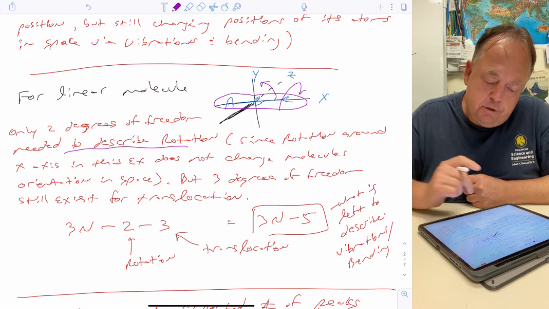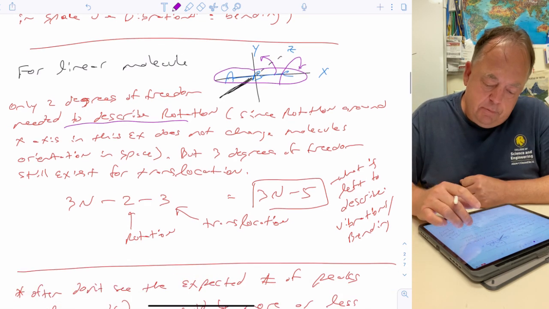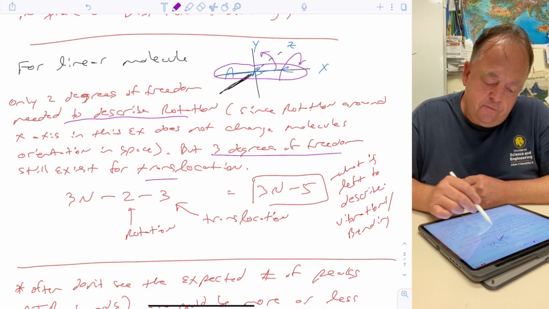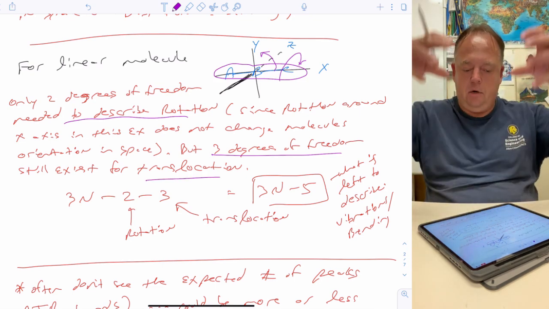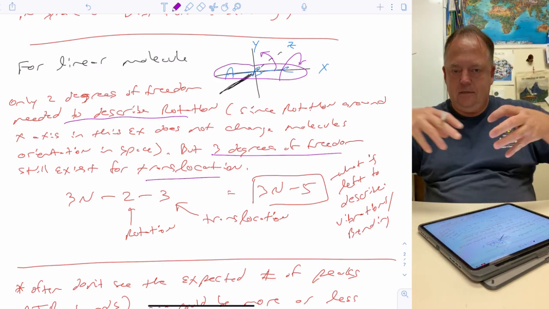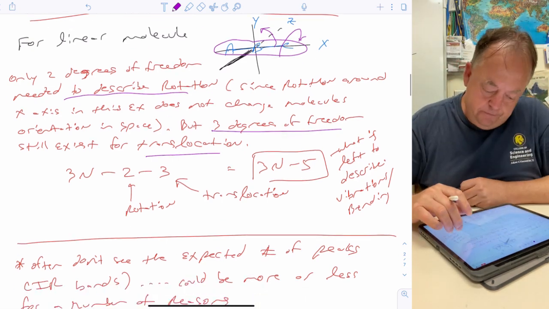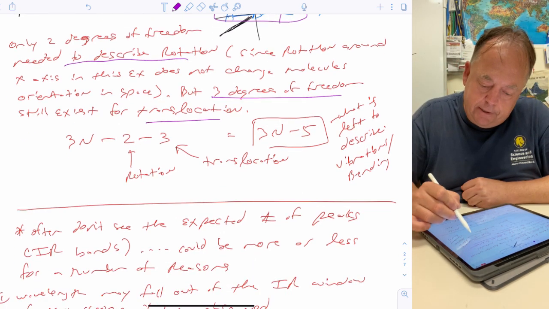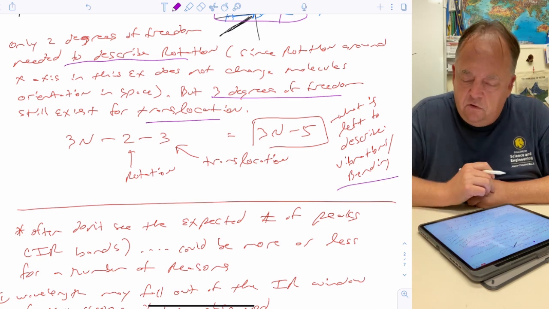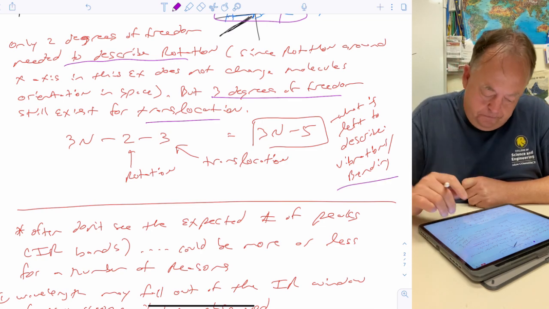So you only need two degrees of freedom for rotation, but you still need three degrees of freedom for translation, because you could still move that molecule along the x, y, or z-axis. So if it's a linear molecule, 3N minus 5 is what's left over for the vibrational modes.